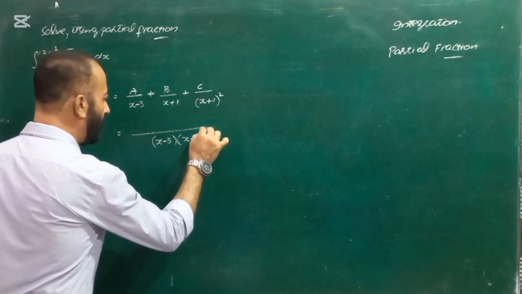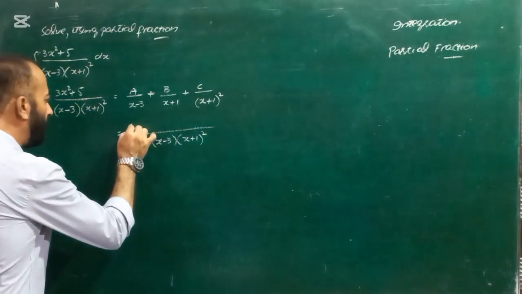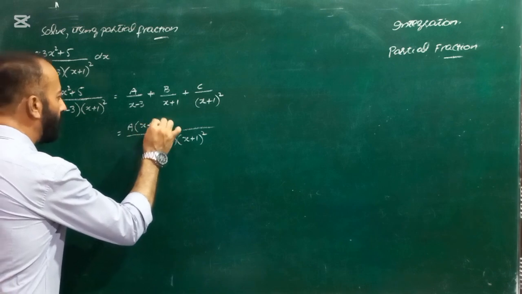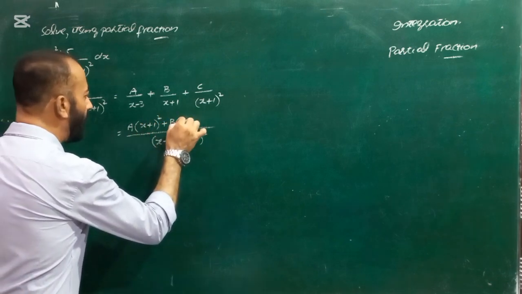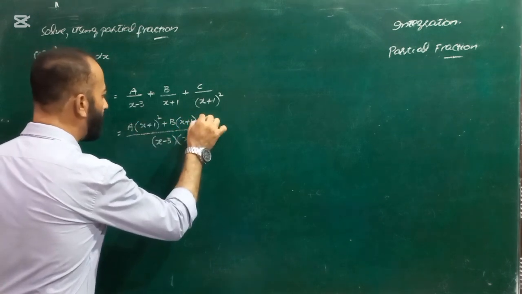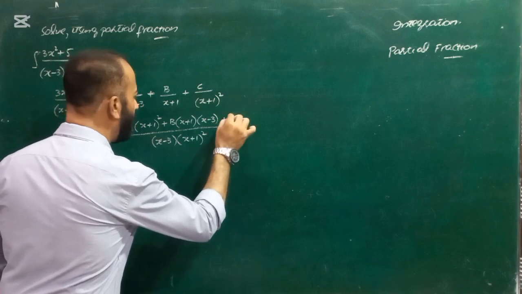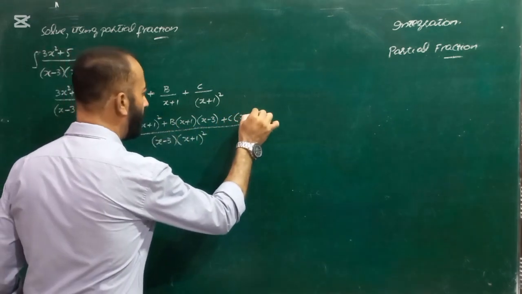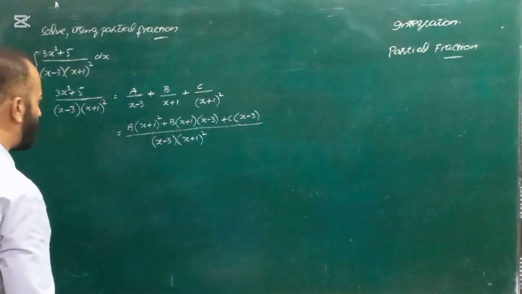So LCM of this thing will be A into (x plus 1) whole square plus B into (x plus 1) into (x minus 3) plus C into (x minus 3). So this is the step at which we have reached.